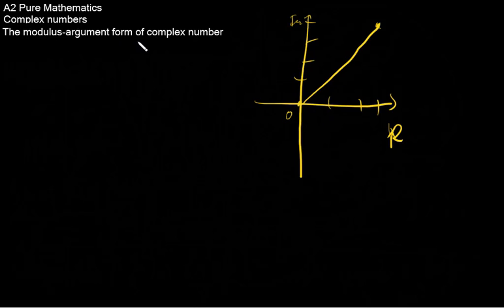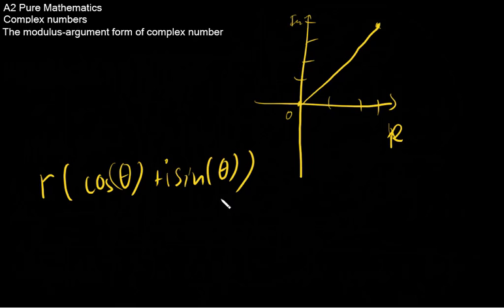Now the modulus argument form of a complex number looks something like this: r times cos theta plus i times sin theta. So why is it this form?